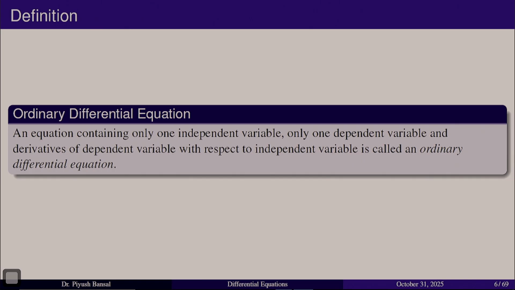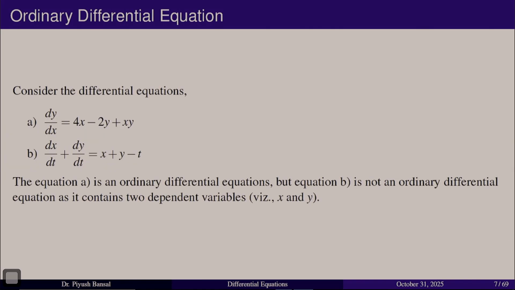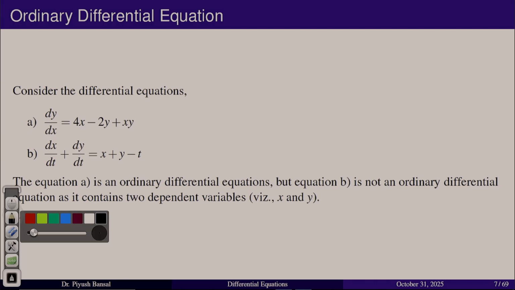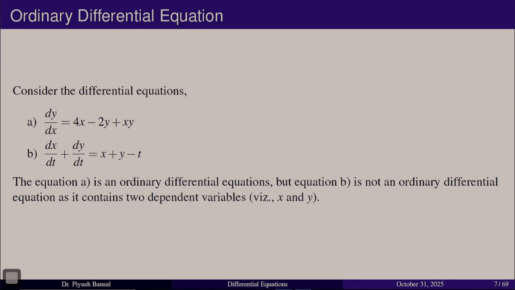For some examples, if we consider the first example, dy by dx equals 4x minus 2y plus xy. This contains the independent variable, which is x. Then it contains a dependent variable y with respect to x, and the derivative dy by dx.